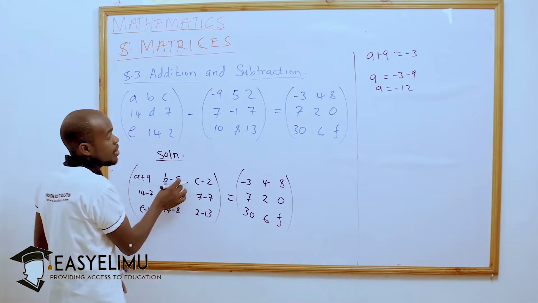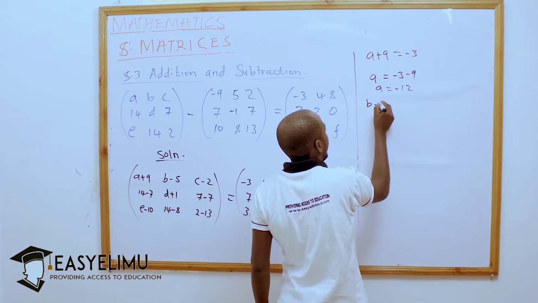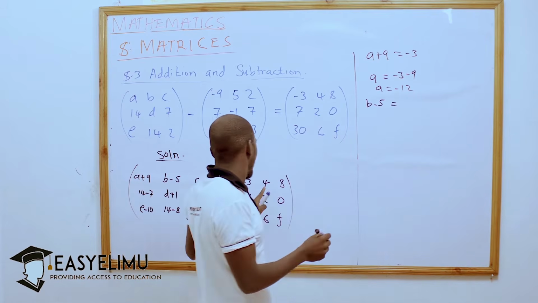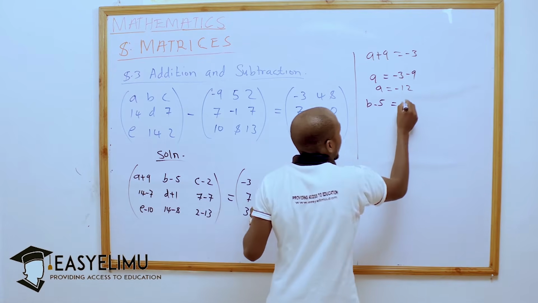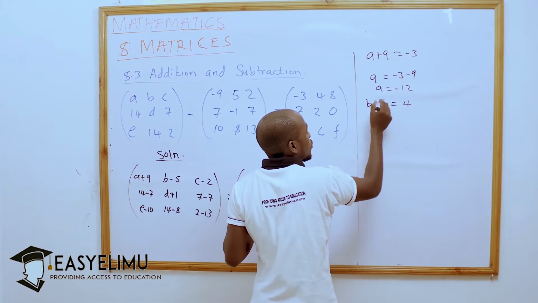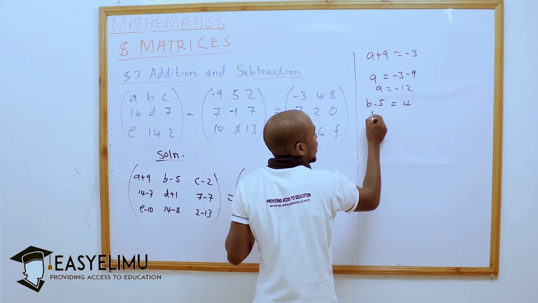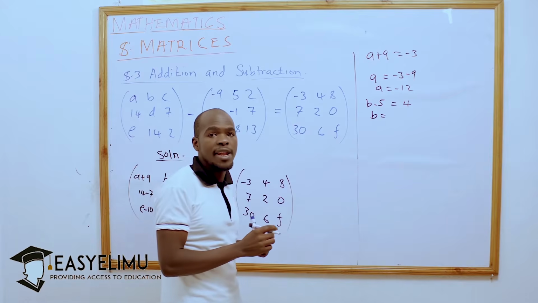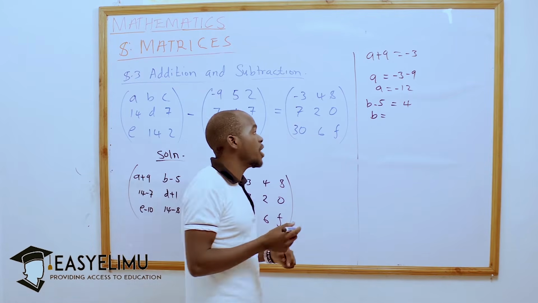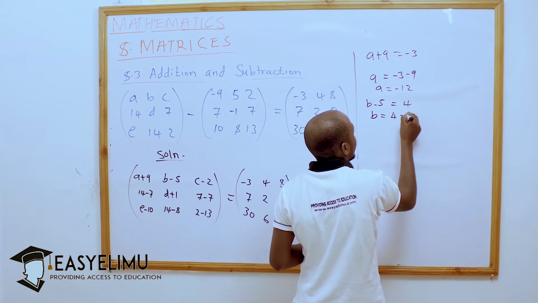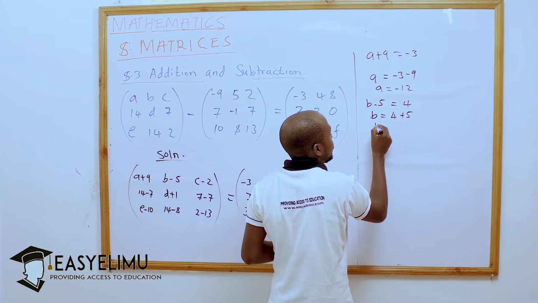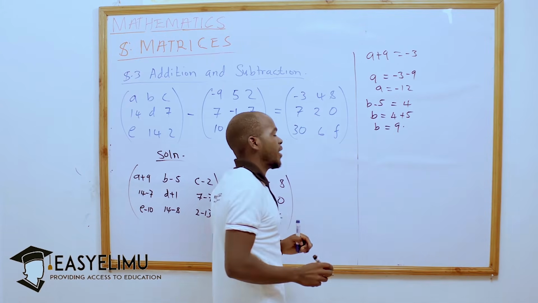And then for the B, B minus 5 is equal to 4. So if you add 5 on both sides to eliminate the 5 on the left hand side, you are going to get that your B is 4 plus 5, and that is B is equal to 9.